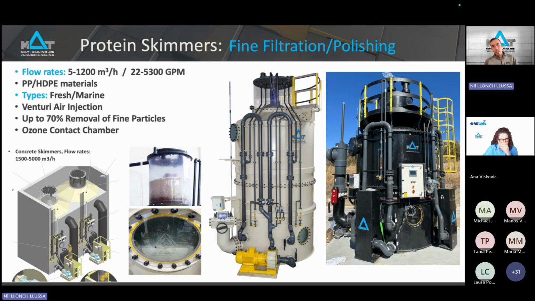So air is injected into this pipe, and this circulation loop goes to the bottom of the skimmer, where the bubbles are created. You can see it in this window, in this picture here. The bubbles travel in an upward motion while the water is introduced on top.